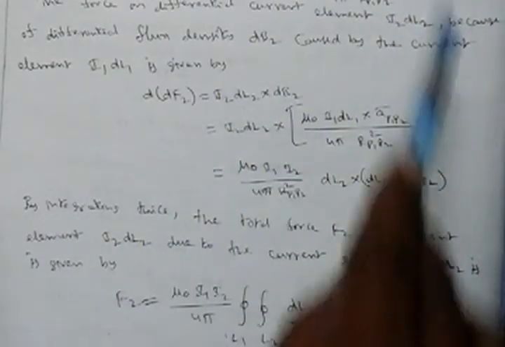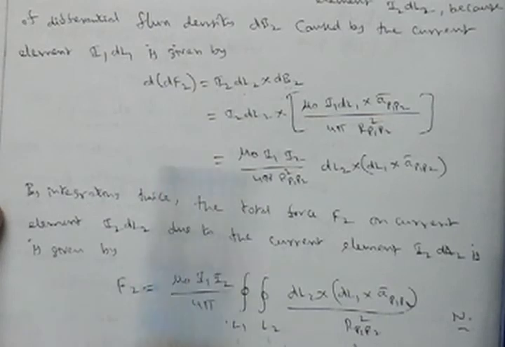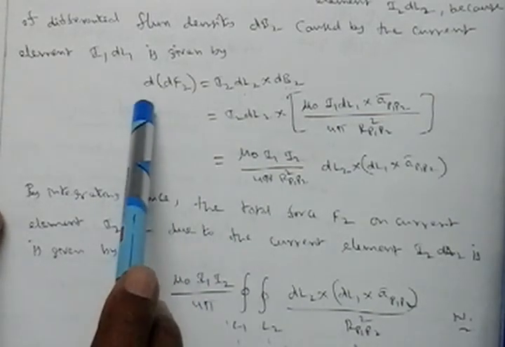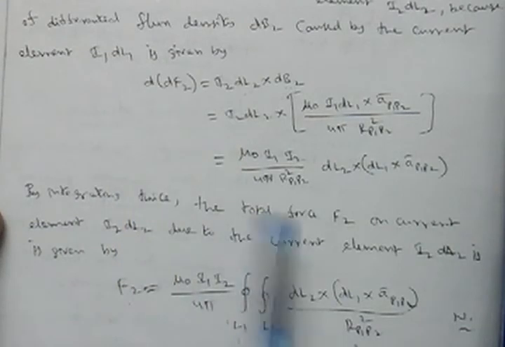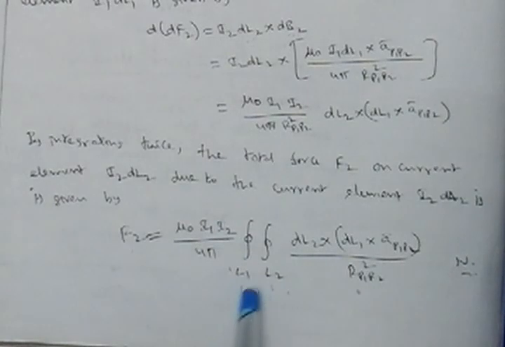If you want to determine the total force at point P2 due to the entire conductor, then we need to take the integration of this equation, then you will get dF2. Again take the integration, then you will get the total force Ft. Why the double integration?